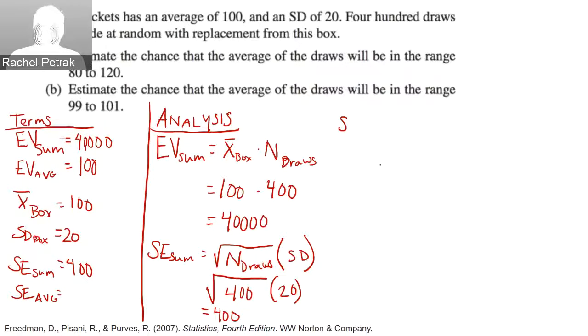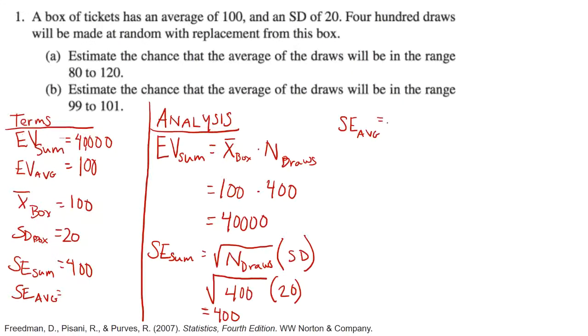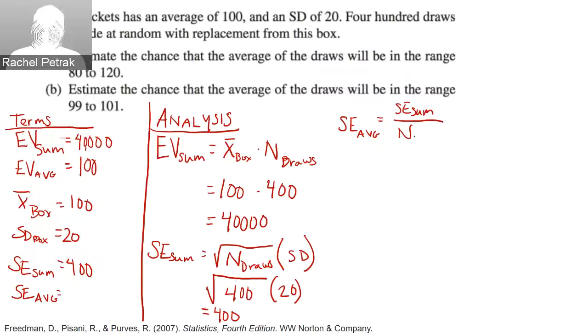So the SE of the average is just the SE for the sum out of the number of draws. It's simple enough. 400 out of 400 is 1. So the standard error of the average is 1.